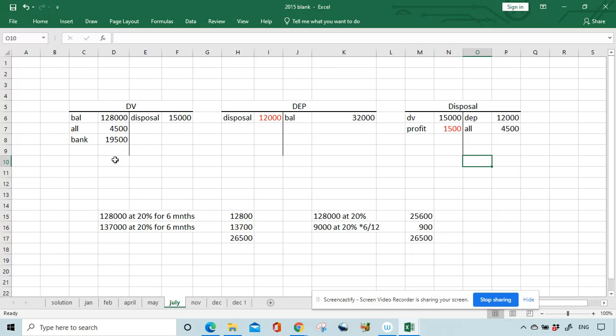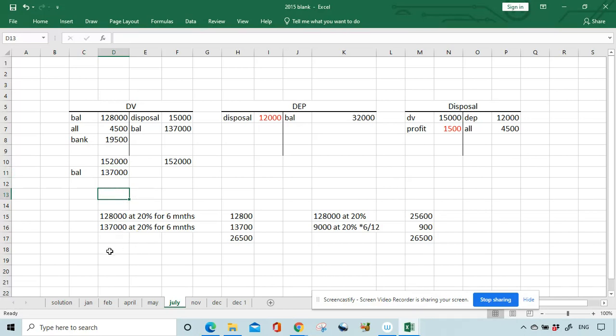I'm going to balance this delivery van account now. If I add up the delivery vans, I get 152,000, minus 15,000, which gives me a balance of 137,000.